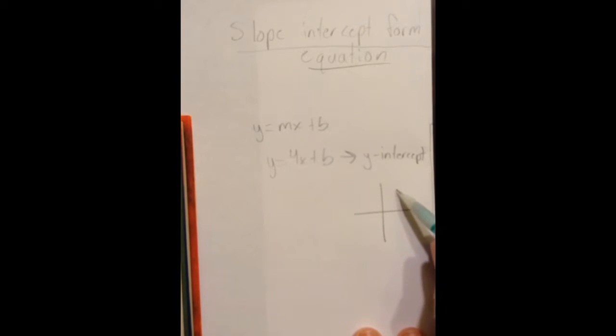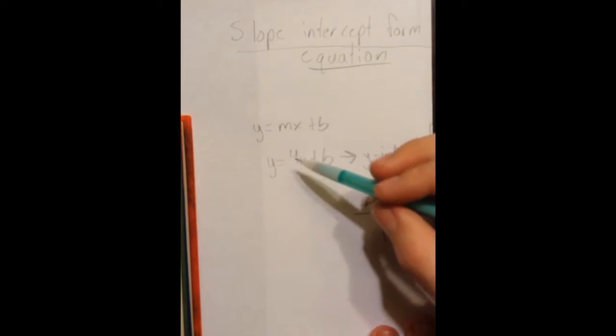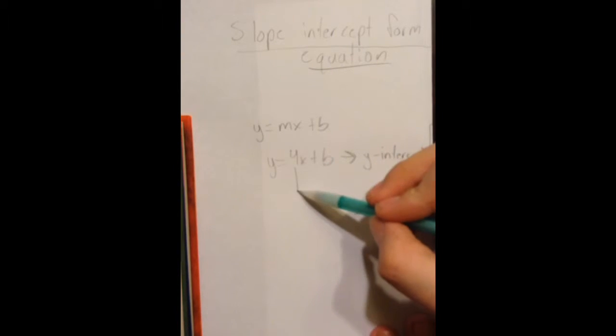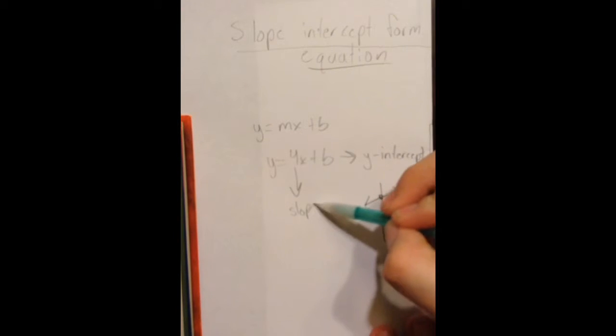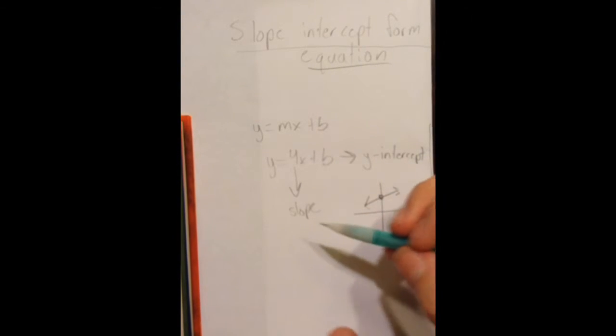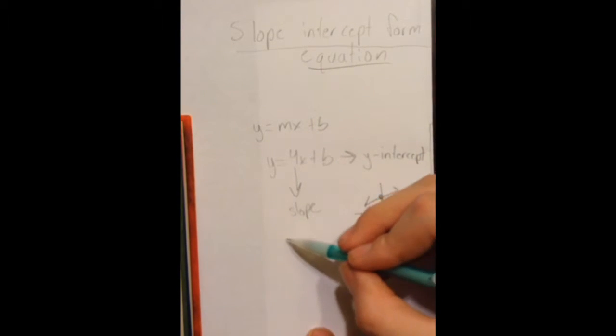So if a line goes through here like that, then the b would be right here because that's where it crosses the y-axis.